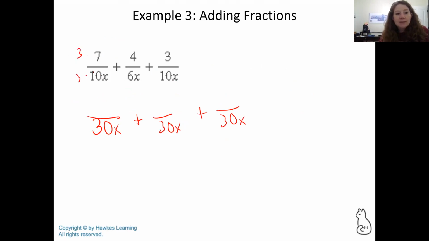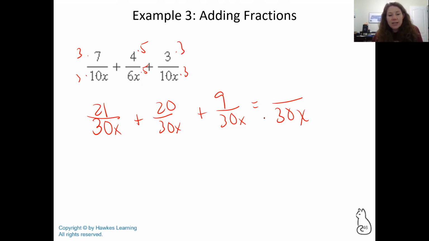Times 3. 6 times 5 is 30x, so we're going to do 20, and then times 3 again, and we get 9. So our denominator is 30x, and our numerator is 41 plus 9 is 50, and then of course these are both divisible by 10, so we get 5 over 3x.